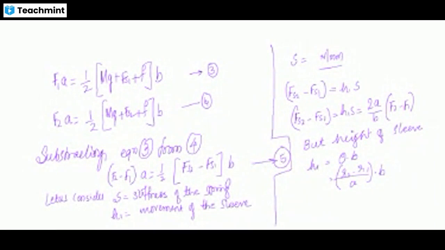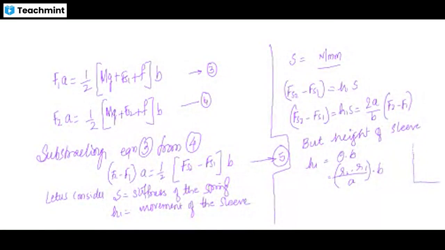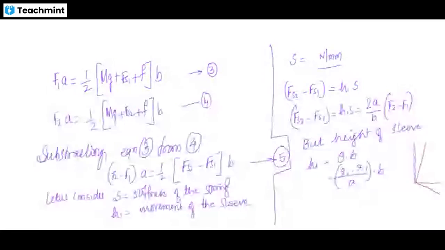Draw one more figure here. This is the mean position of the bell crank lever. This is the position of the lever for minimum speed, and this is the position of the lever for maximum speed.